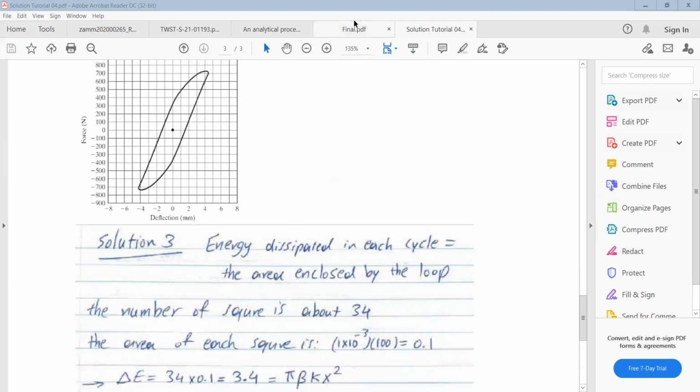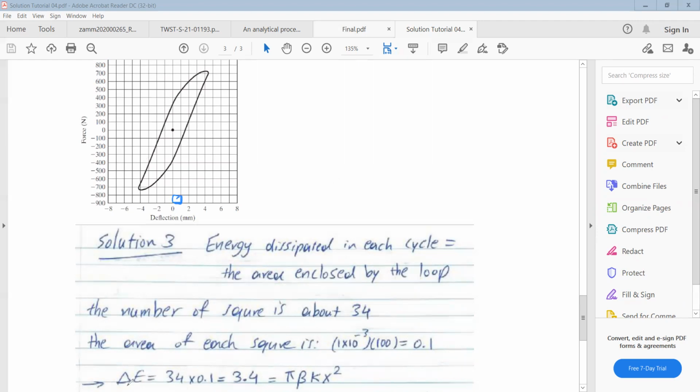The dimension of each square: this length is 1 millimeter, and the vertical edge is 100 Newton. So the area for each square is 0.1, multiplied by the number of the squares, which is 34.